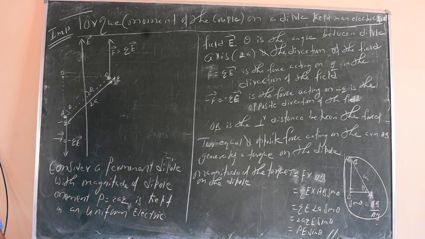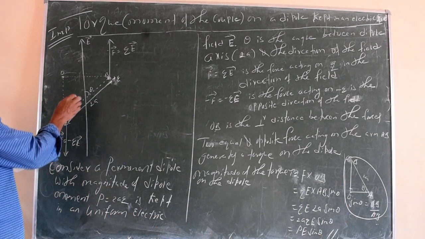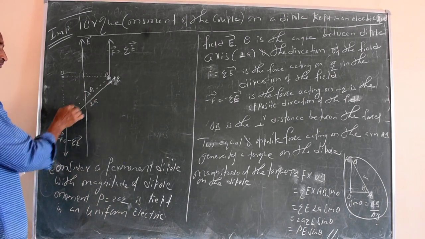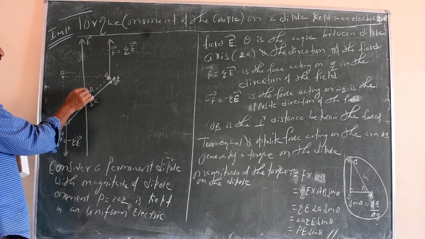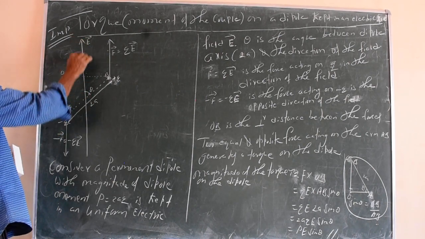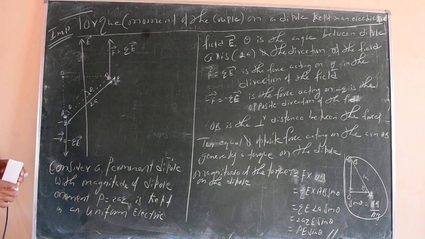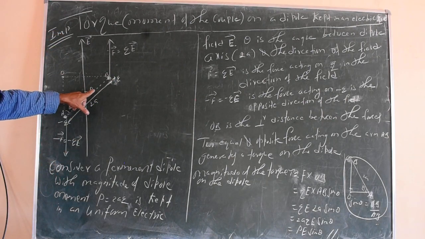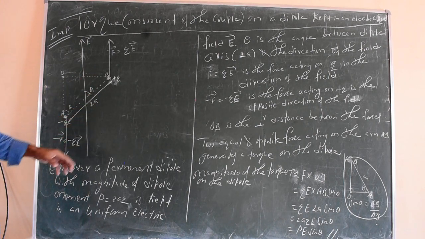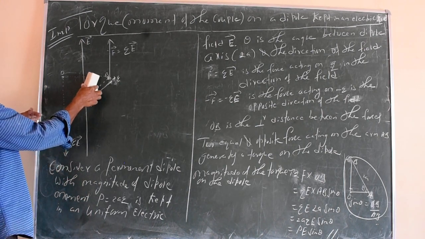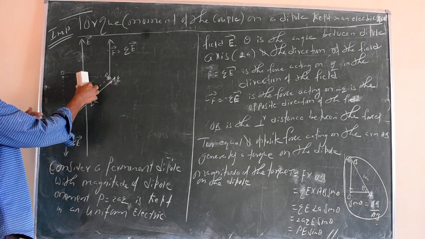Now, with all this set up, suppose initially the angle between the direction of the uniform field and the dipole axis is theta. Then what happens? Because of the rotational effect, the dipole rotates, and finally the dipole will be aligned in the direction of the field.